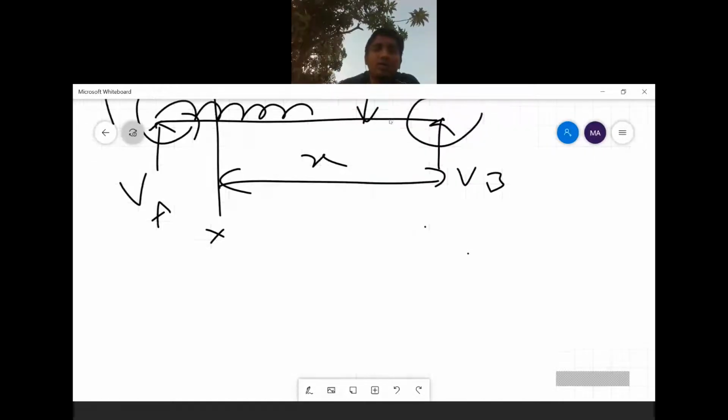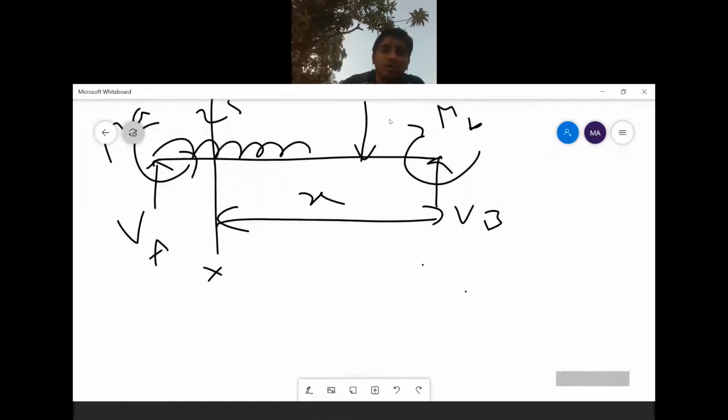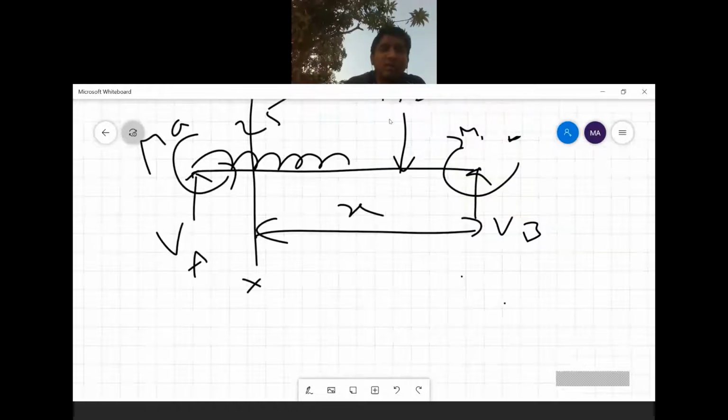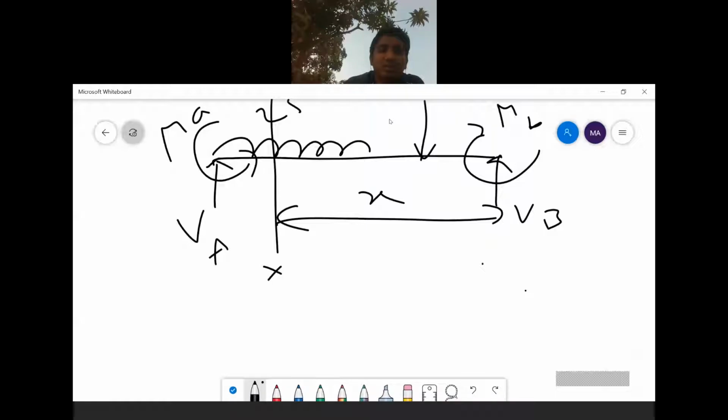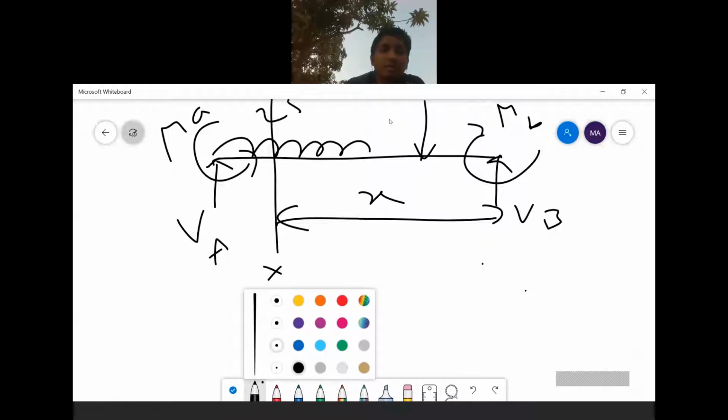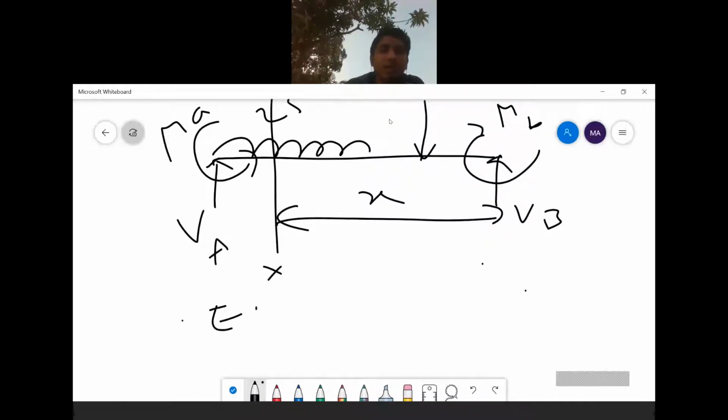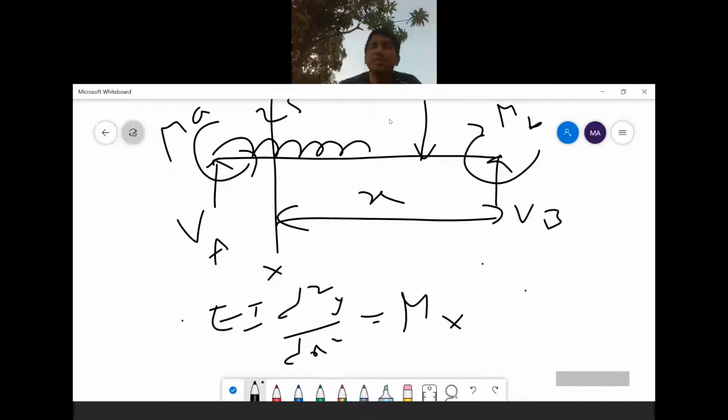The deflection equation is EI d square y by dx square is equal to Mx. Understand? Using this differential equation, you are going to solve this problem.